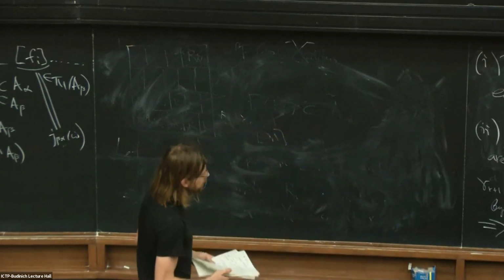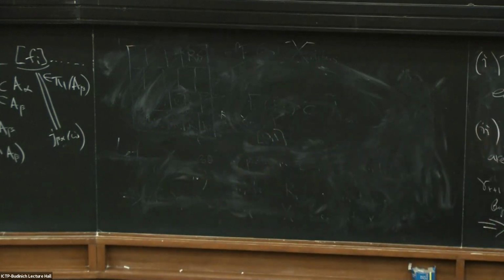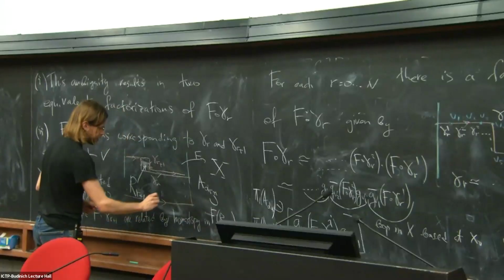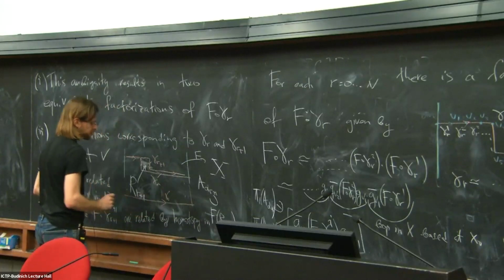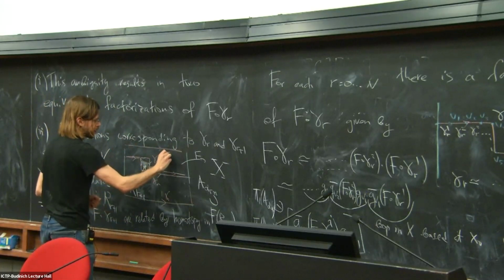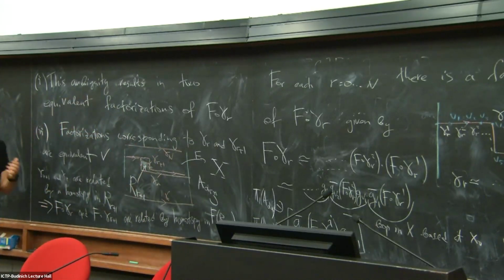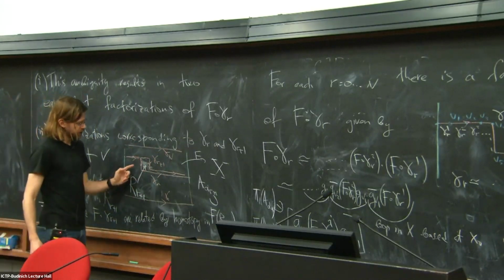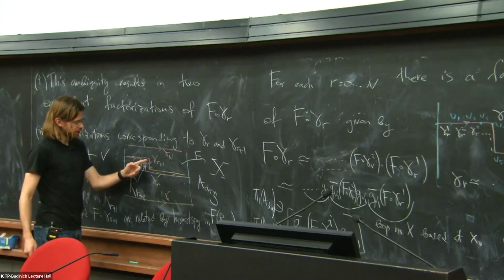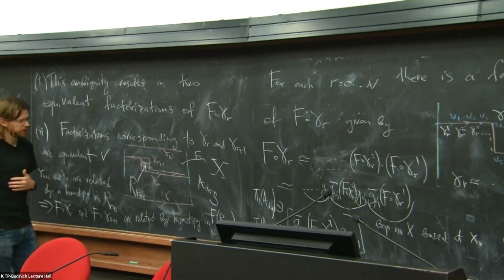Actually, I shouldn't have erased this picture, but let me show it here. So there is some square, and as we already argued, we can start at the bottom with gamma 0 and follow up to the top, where we have gamma capital N. What we showed so far is that if we change this index by 1, we get an equivalent factorization.